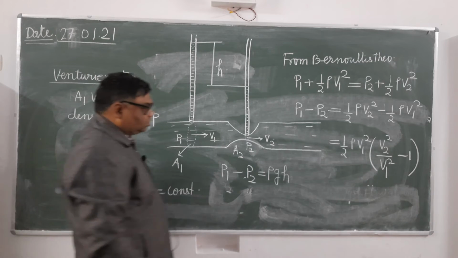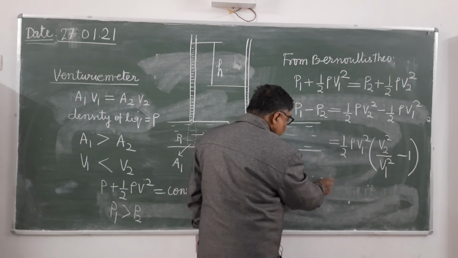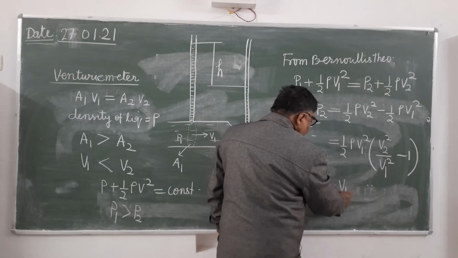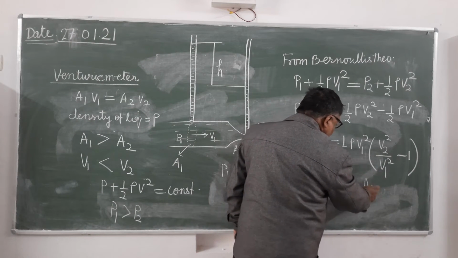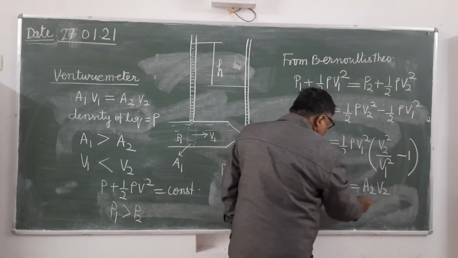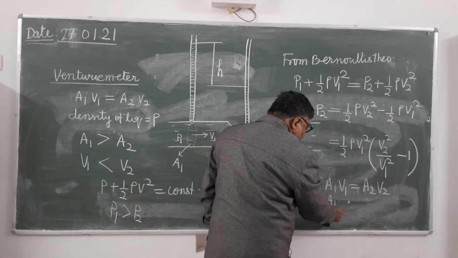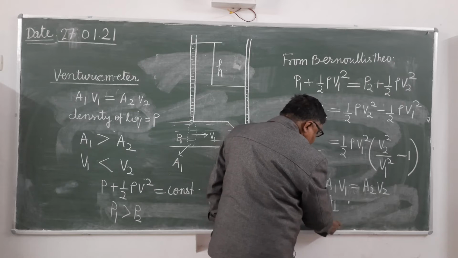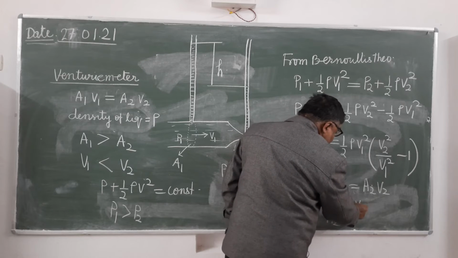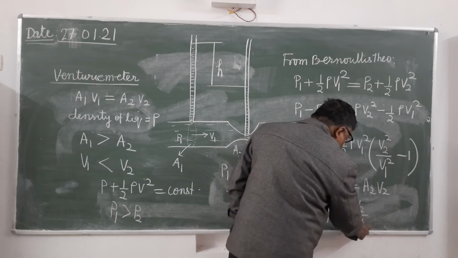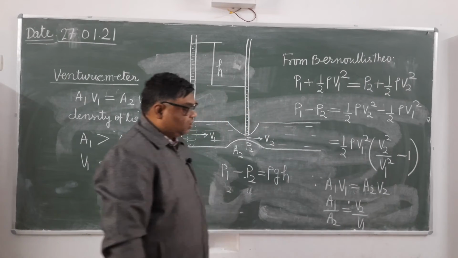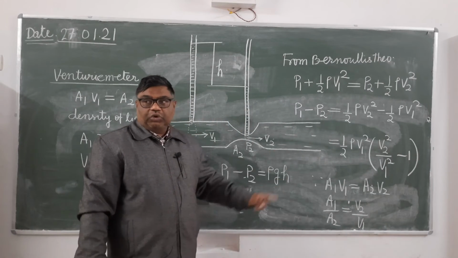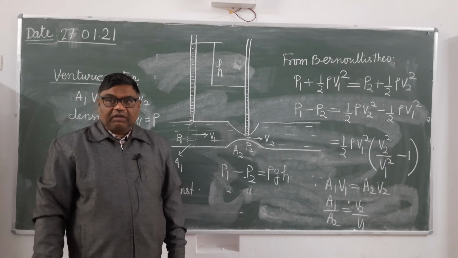Now from the relation A1 V1 equals A2 V2, you know that A1 V1 equals A2 V2. So what will be A1 upon A2? A1 upon A2 will be equal to V2 upon V1. So what will be V2 square upon V1 square?